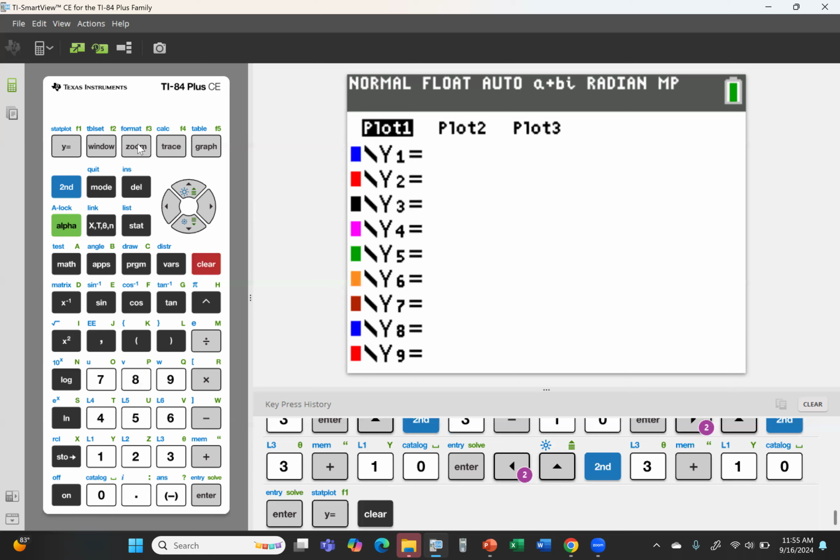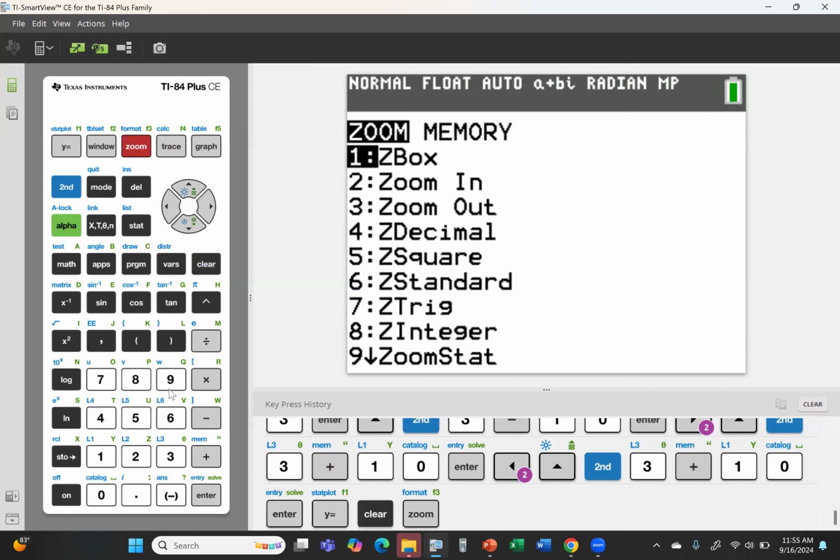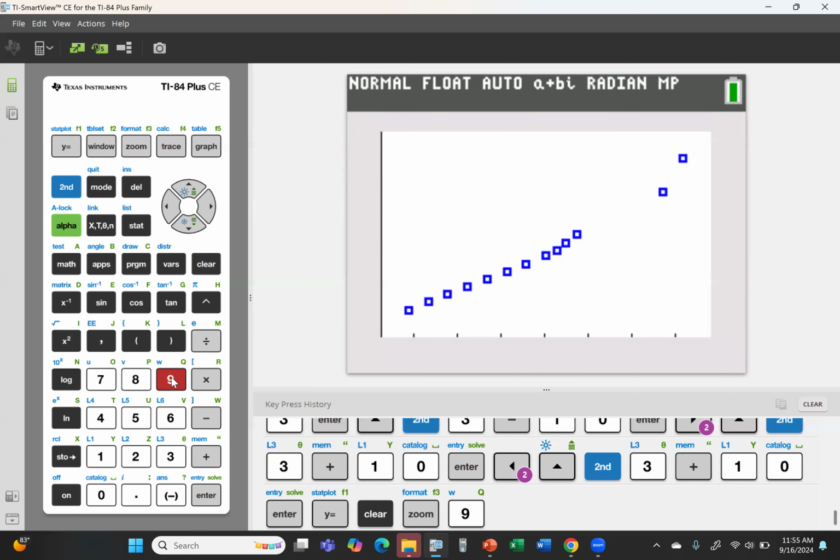And then I'm going to do a zoom 9. And the data looks the same because my calculator's resumed my window. If I turn the trace on, I can see that it's changed the input to 10, 15, 20, 25, 30, 35, 40, etc.